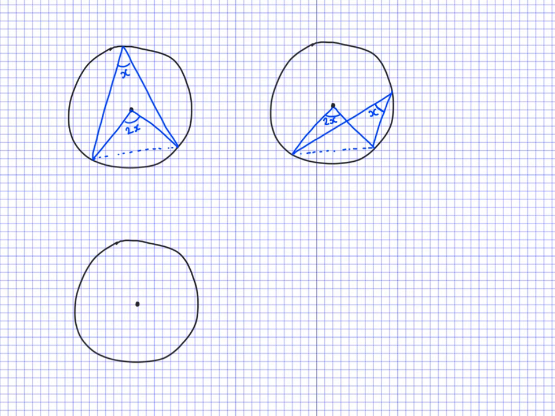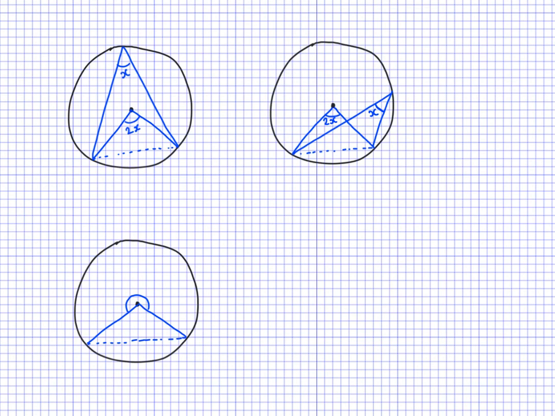Let's do it one more time. If I have a chord, again roughly in the same place, I'm going to subtend an angle at the center, and this time I'm going to be looking at this angle here. And I'm going to subtend an angle at the circumference, but this time I'm going to go this way.